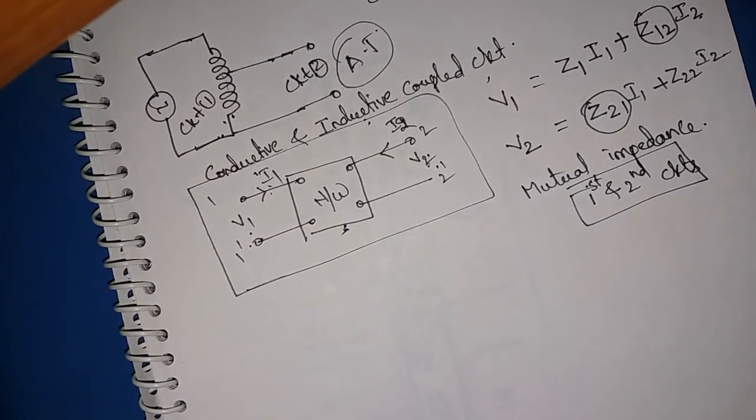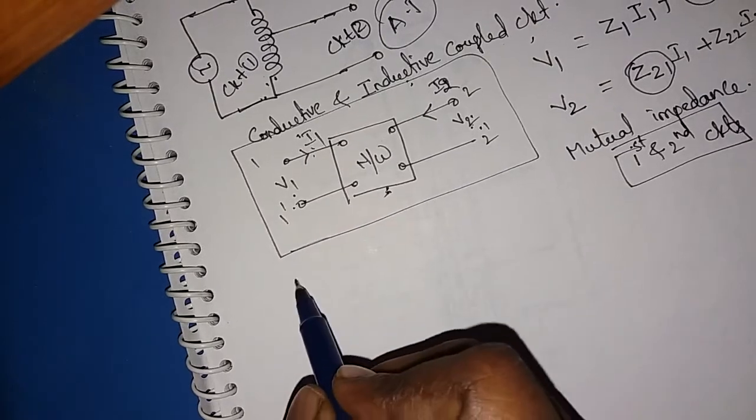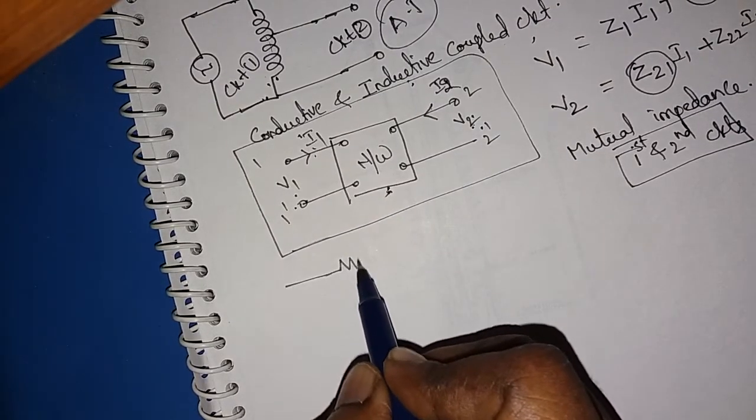For example, we may have one circuit that contains a pi network.